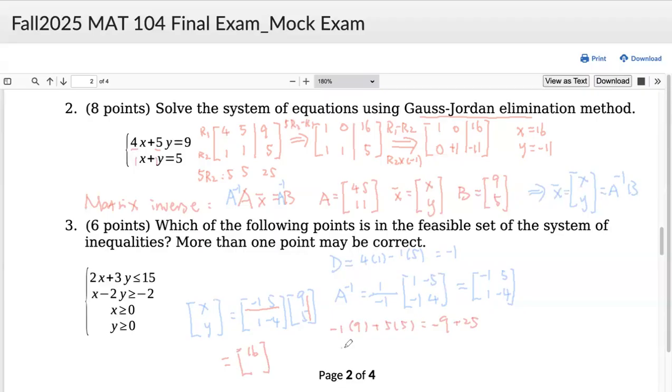Then we do 1 times 9 plus negative 4 times 5, which is 9 minus 20, which is negative 11. Right? So same answer. Either way, we'll get the same answer. So one is the Gauss Jordan elimination method, one is the matrix inverse method.